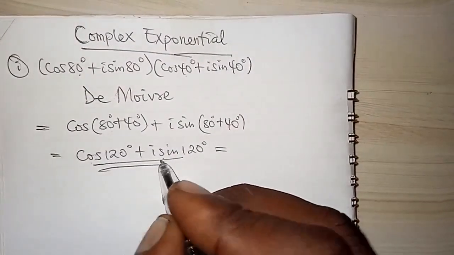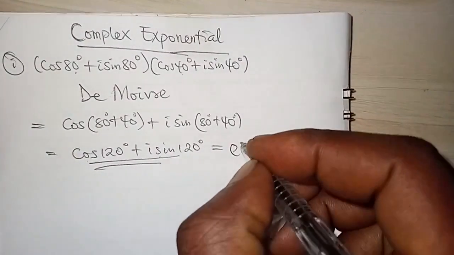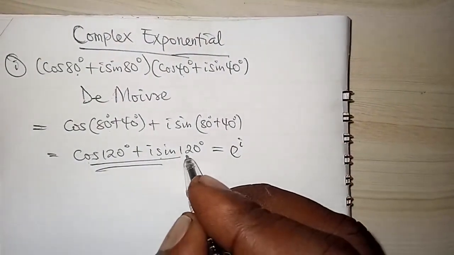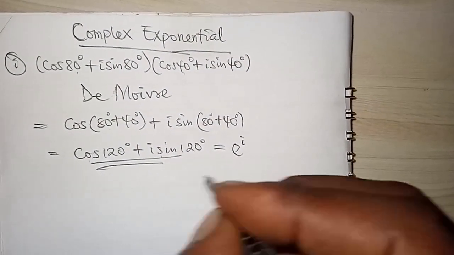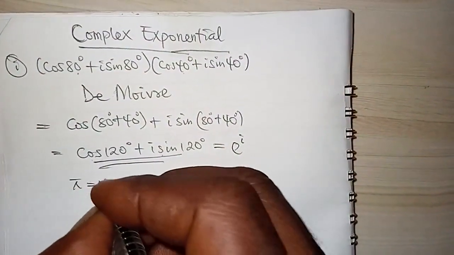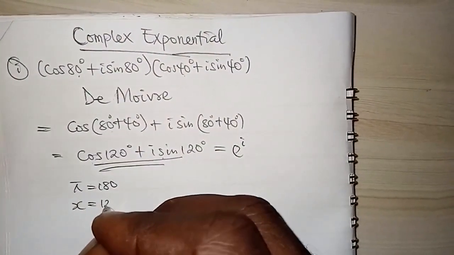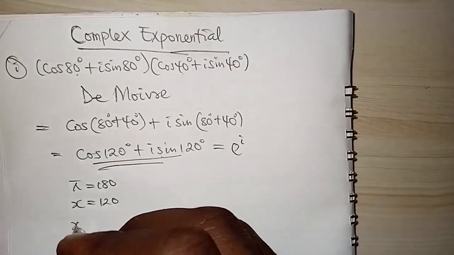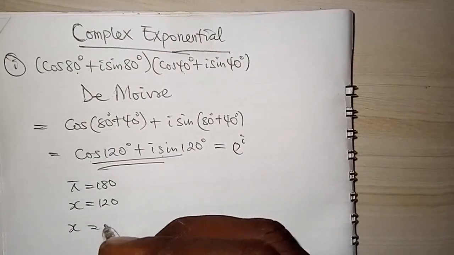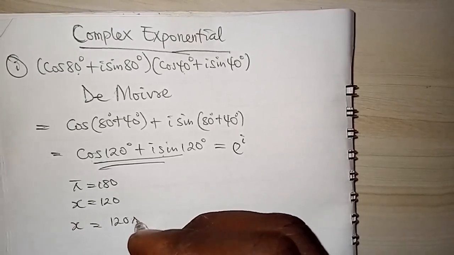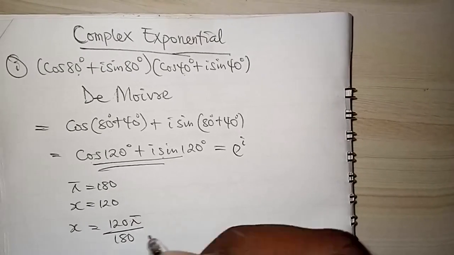Cos and sine are written as an exponential, so we write e to the i, which is imaginary. If we convert 120 degrees using that pi is 180, then what will give us 120? If we make x subject of the formula, x becomes 120 pi over 180.